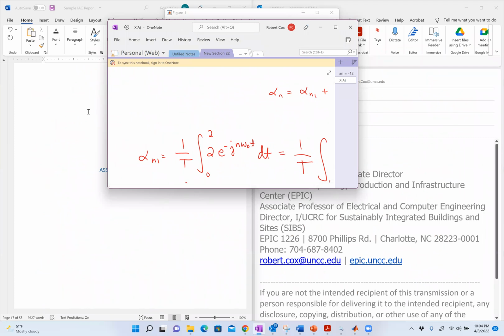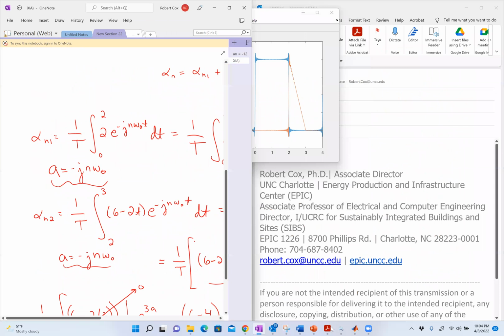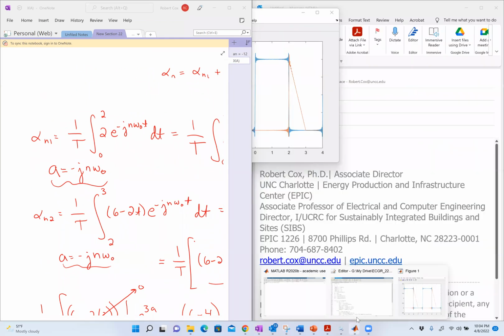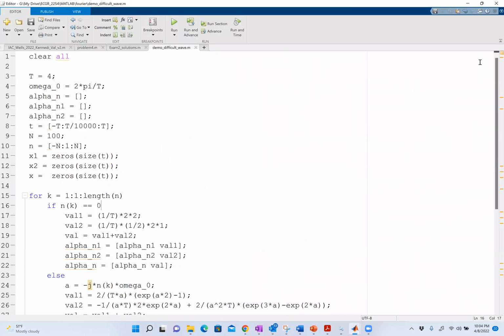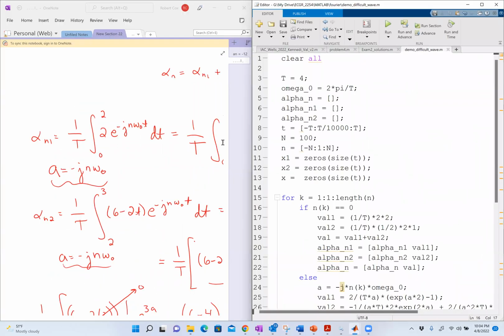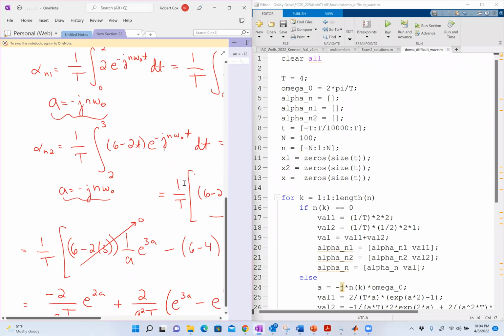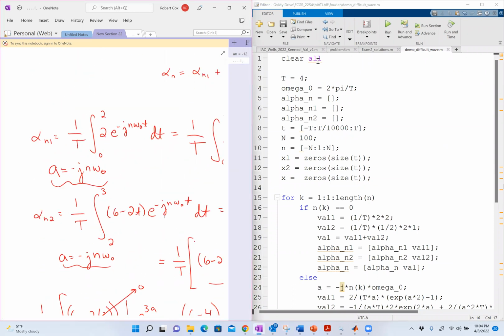So I'll put my MATLAB code here. Let's take a look at how I coded this in. To start out, I clear all, I set my period, I define omega naught, and I create a vector alpha n, then alpha n1, and then alpha n2, and I'm going to do this for 100 harmonics.